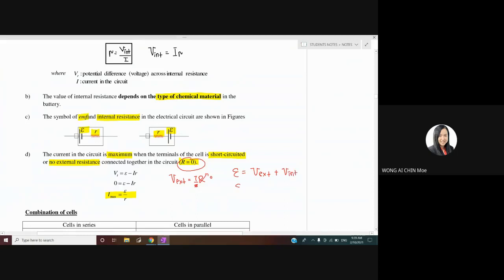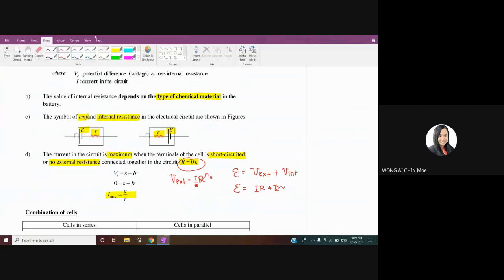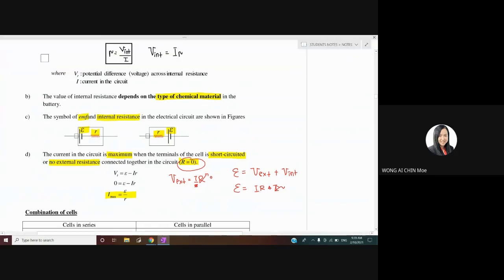Or we can write EMF equals IR plus I internal. If there is no external resistor, meaning your V will equal 0, your voltmeter will show 0. So at that moment, your EMF 9 volt will equal I R internal.